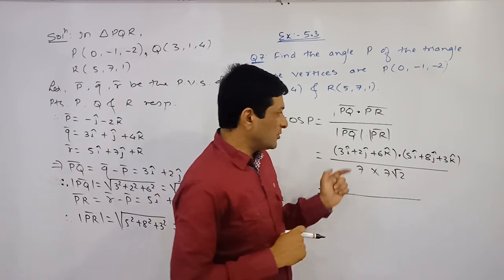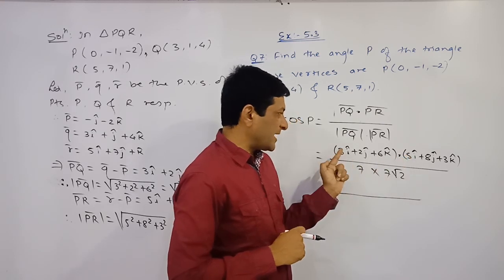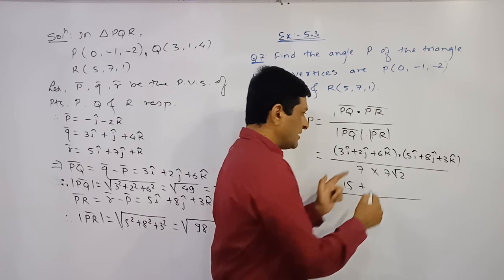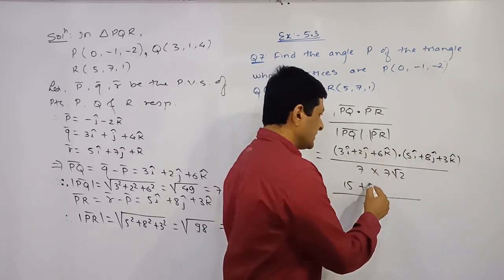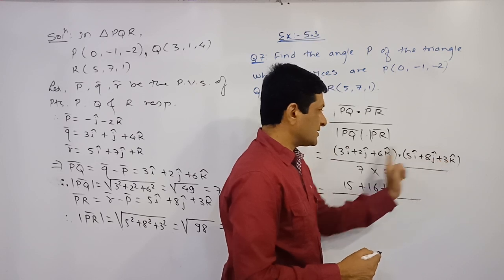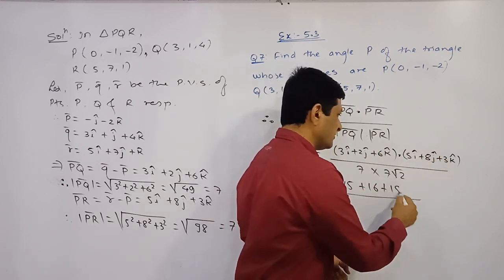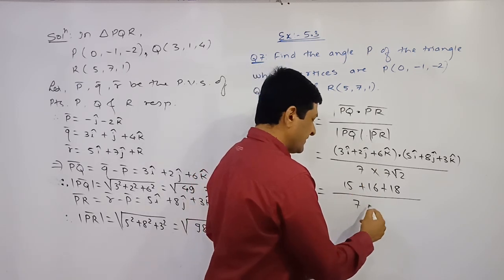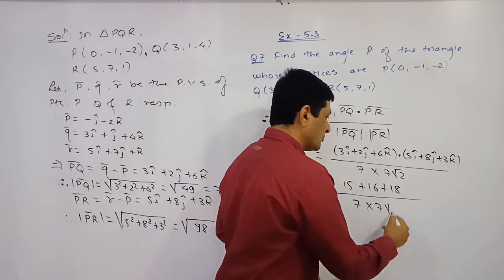At that time the dot product is: first write the product of coefficients of I cap, that is 5 into 3 is 15, plus 2 into 8 is 16, plus 6 into 3 is 18. In the denominator 7 into 7 root 2, keep it as it is.